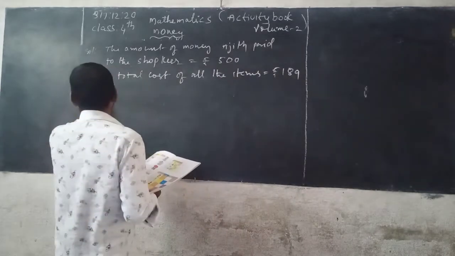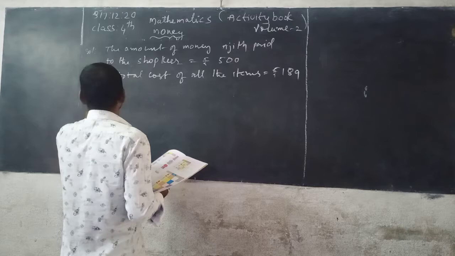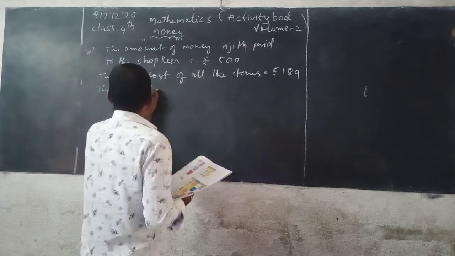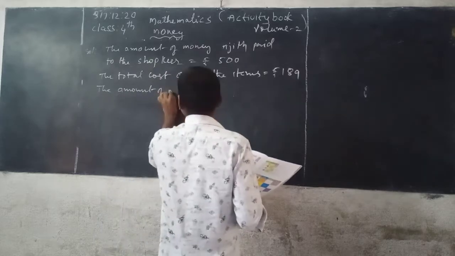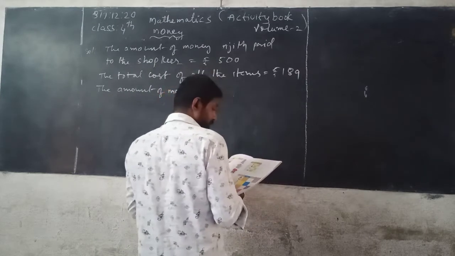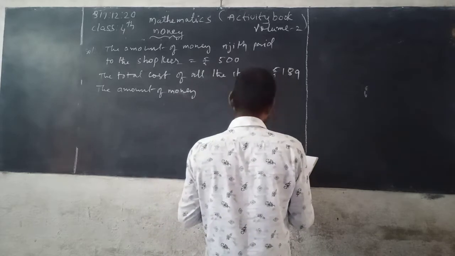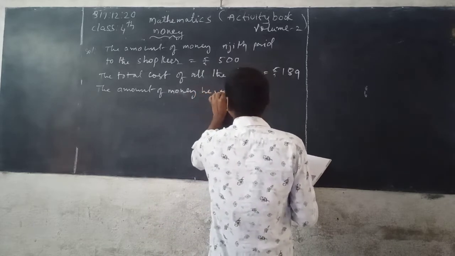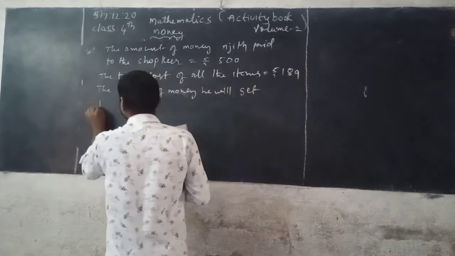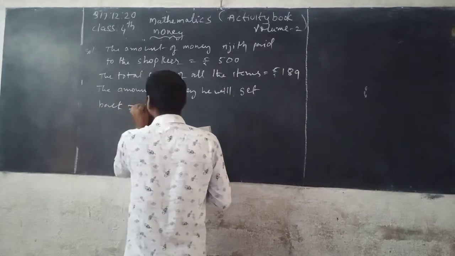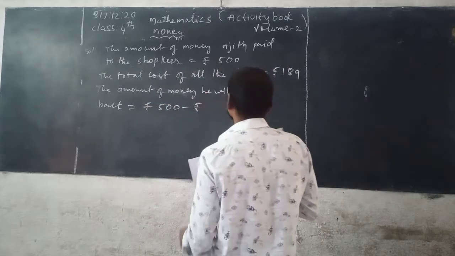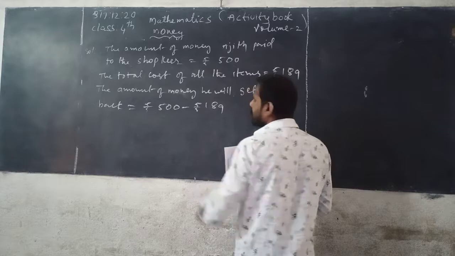Now next, the amount of money you will get back is equal to 500 rupees minus 189 rupees.